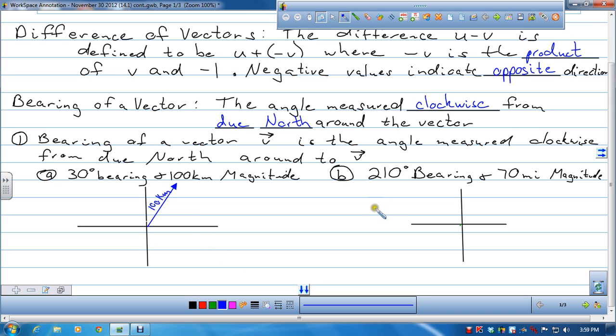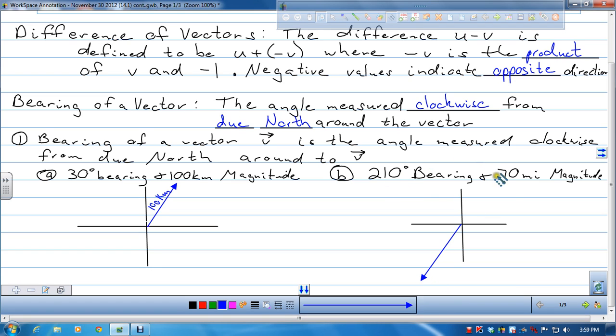Now a 210 degree bearing with a 70-mile magnitude would be this. All the way down to south would be 180 degrees, and I need to go another 30, so we'll call it about right in there.